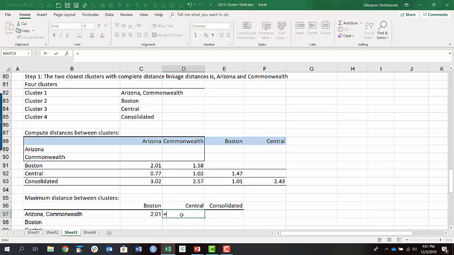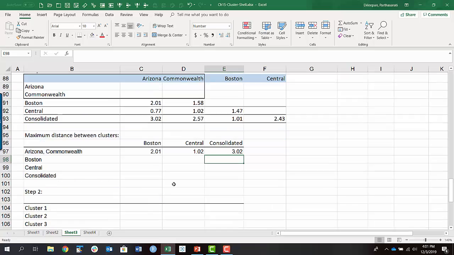And for Central, the same. And then for Consolidated, the same. Right?